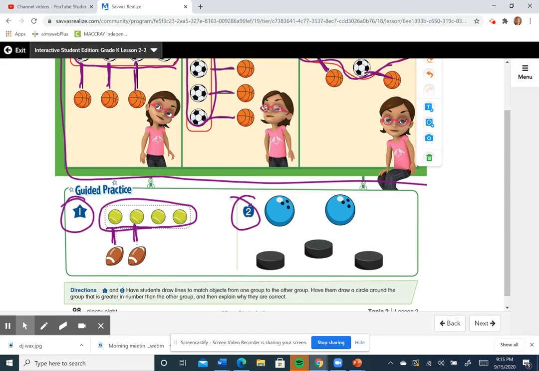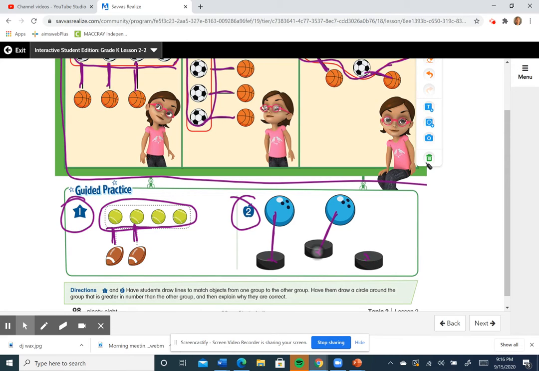Now, number 2, the apple, we have some bowling balls, and then we have some hockey pucks. So the first thing I'm going to do is I'm going to pair them up or match them, draw a line. So a bowling ball to a hockey puck, a bowling ball to a hockey puck. And now, can I draw a line for this one anywhere? No. So there's one more hockey puck than there is bowling balls.